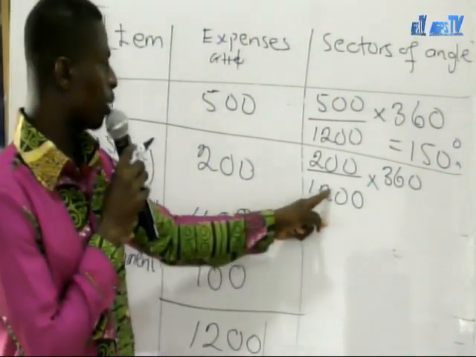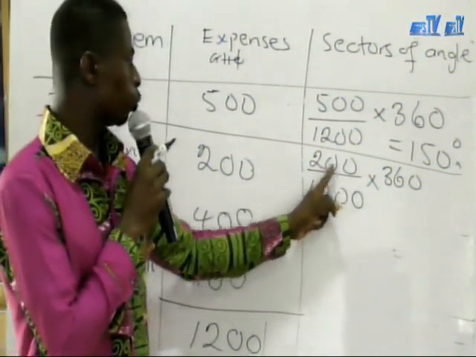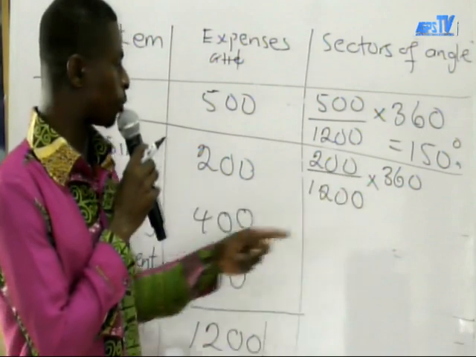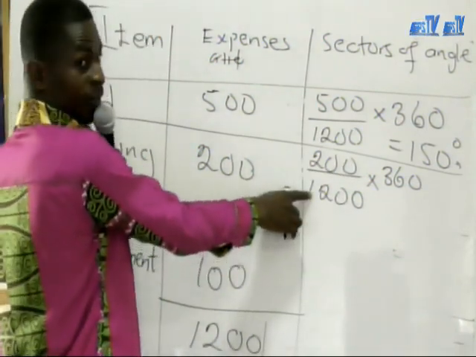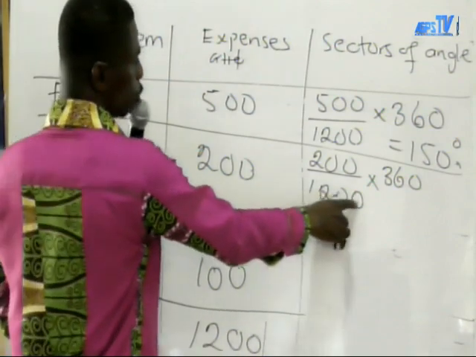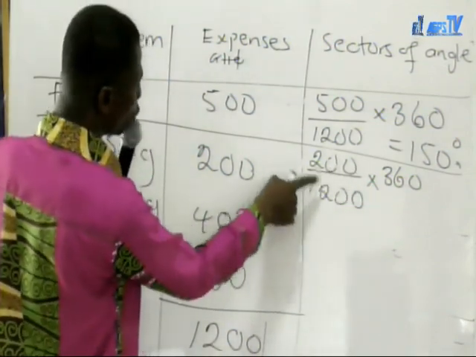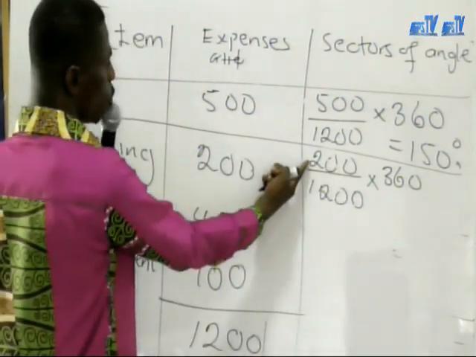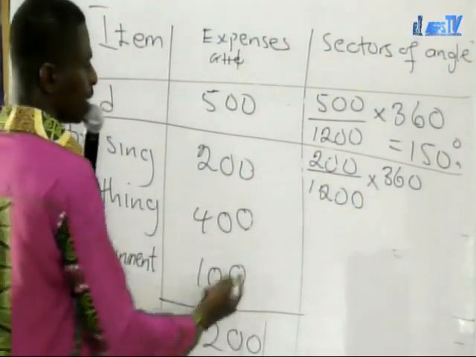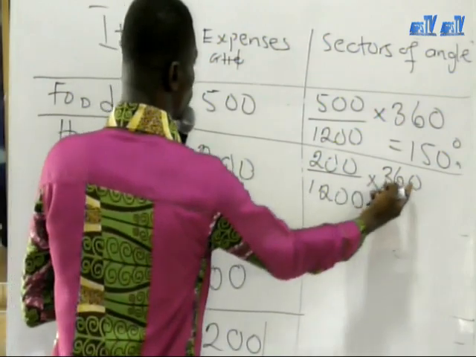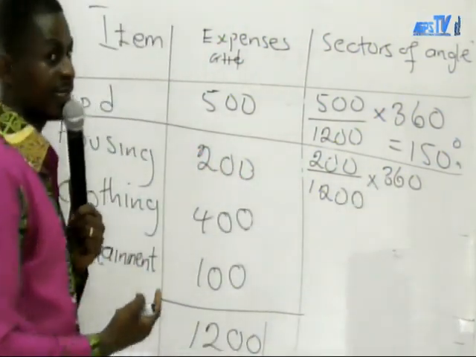And so these two zeros will go into these two zeros, so they will be out. Then when these two zeros cancel these two zeros, you are left with 2 on 12. And 2 will go into 2, 1, and 2 into 12, 6. And 6 will go into 360, 60.